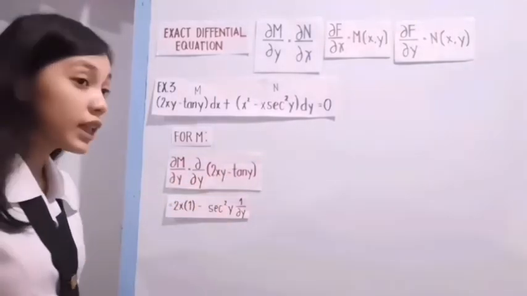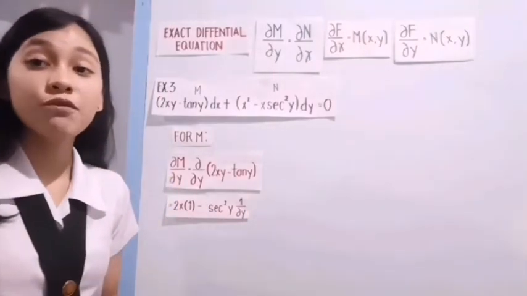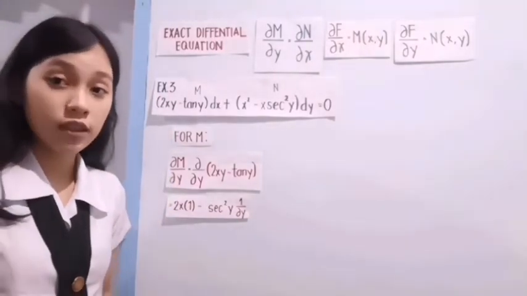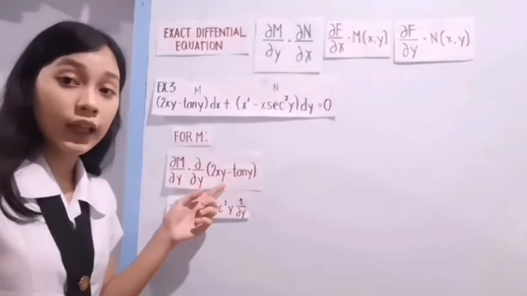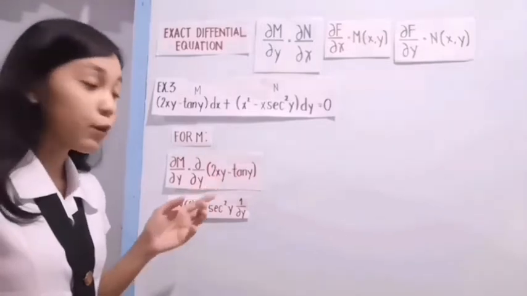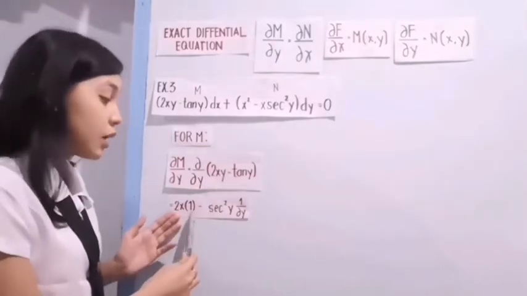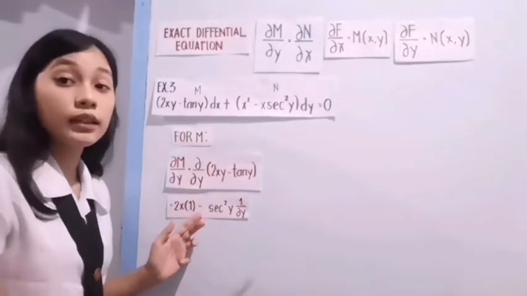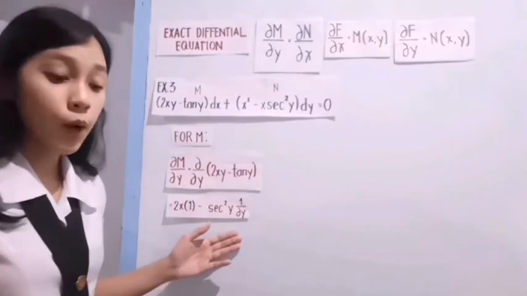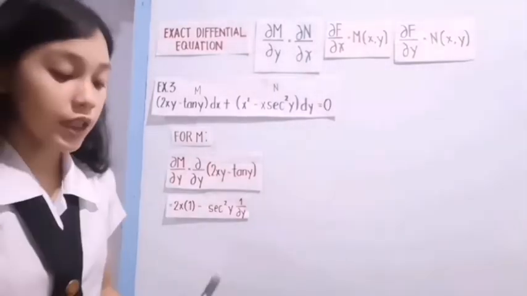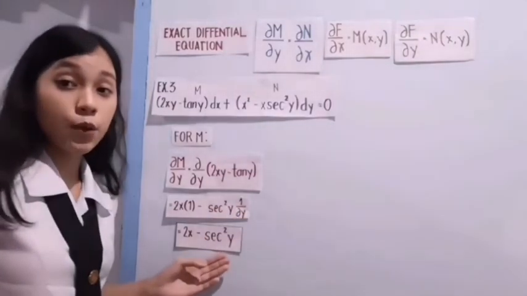When we differentiate it, since it is with respect to y, all variables aside from y will be treated as constant. So our 2x, since it is beside y, is a constant that we can take out, and the derivative of y is 1. Minus, the derivative of tangent y is secant squared y. Therefore, our final answer will be 2x minus secant squared y.